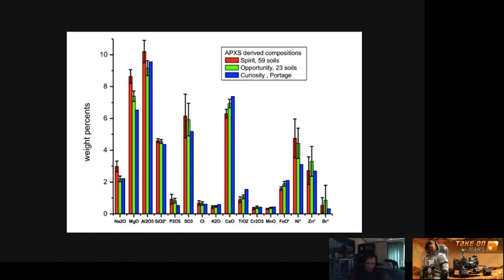I'll do that first. So the magnesium, now all of these numbers are going to be multiplied by 10. We're going to assume that in the game, if we have an 8% of a quantity, it's going to be actually 80% within that soil. So Na2O is 20%. MgO is 60%. Aluminum oxide is 80%.